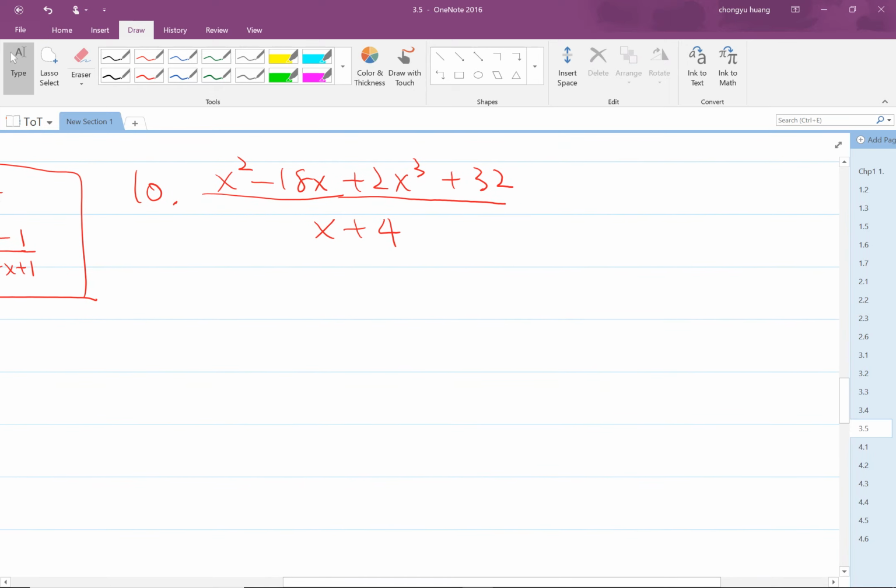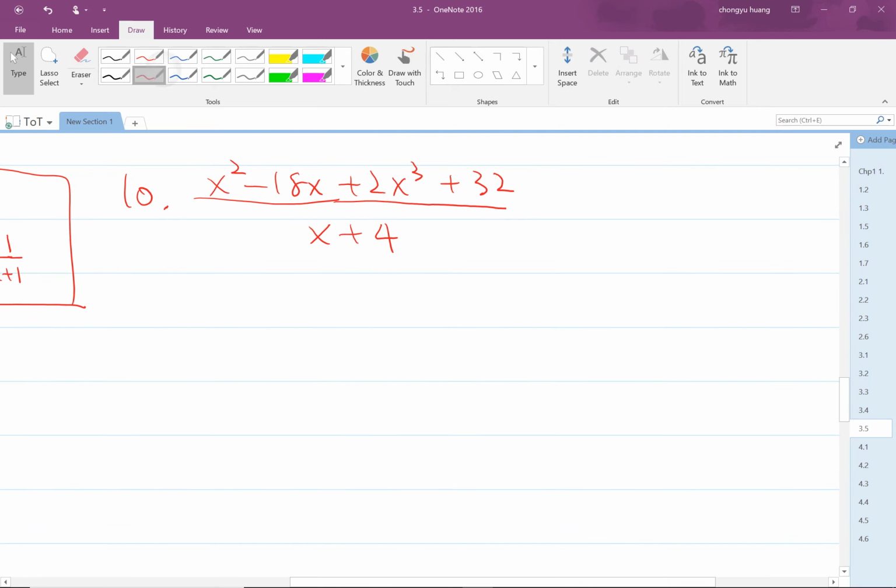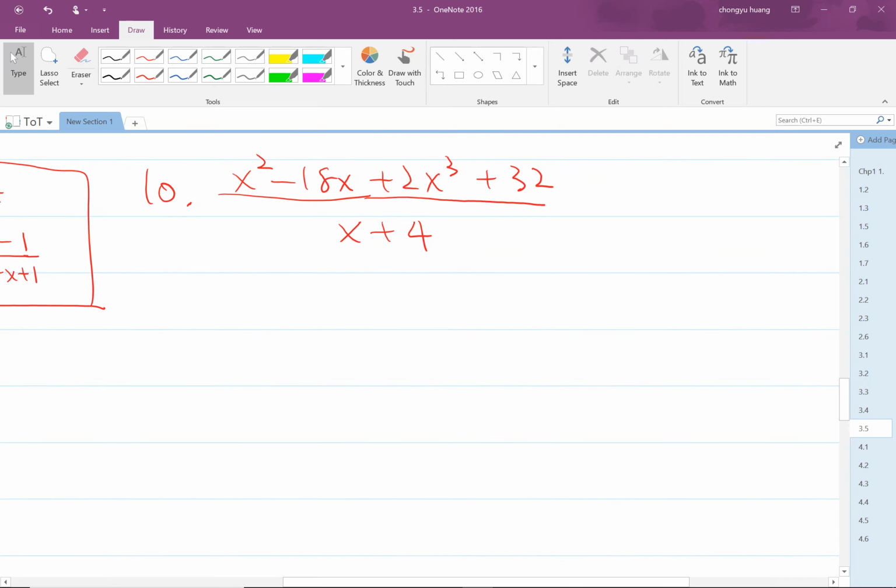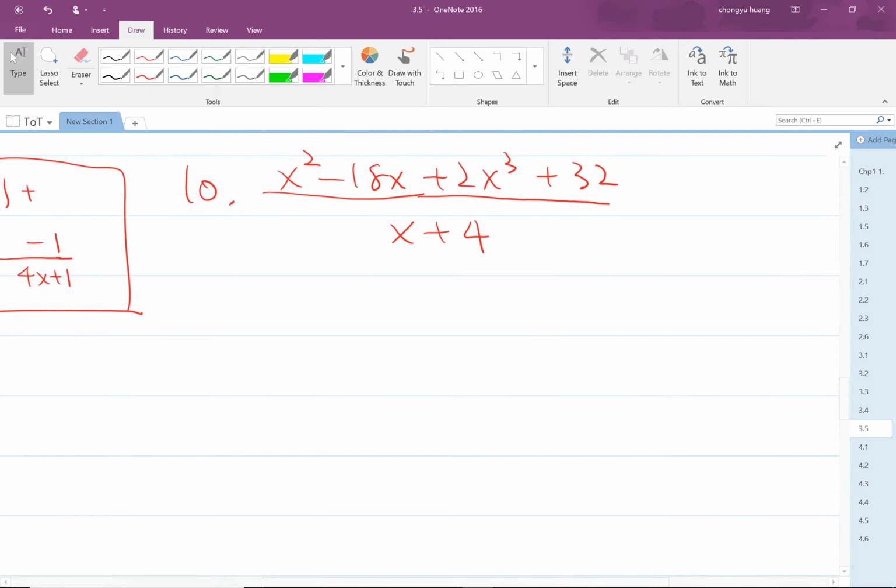So question 10, let's do it in the old-fashioned way. I know it's quite long, but still we have to do it the old-fashioned way, because we haven't learned anything about factoring yet, right?